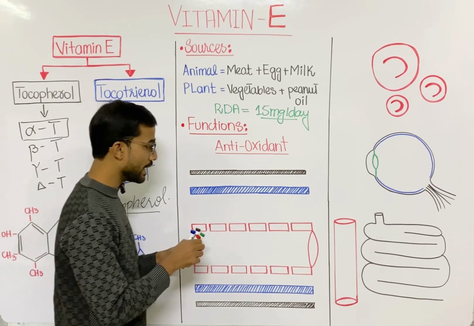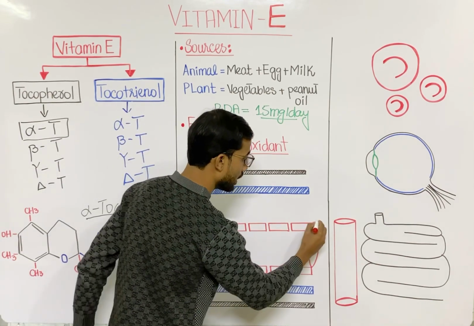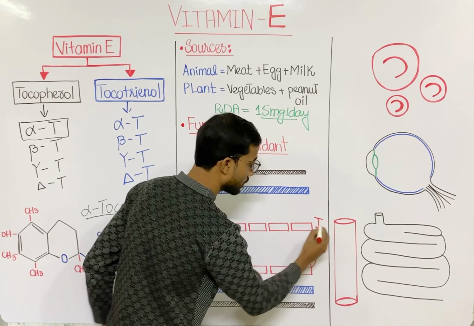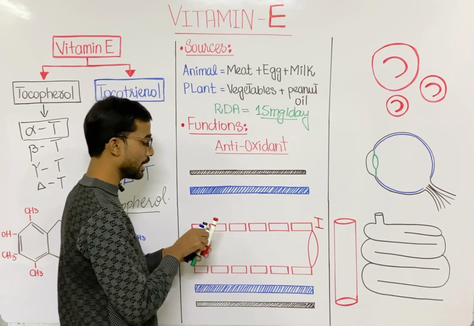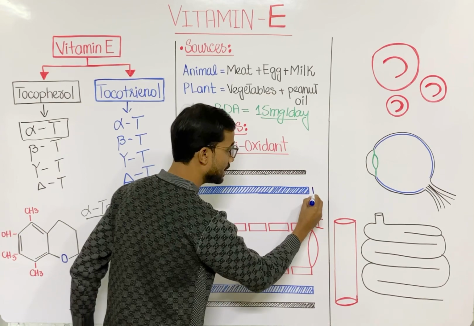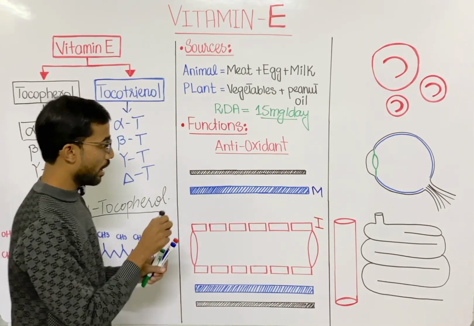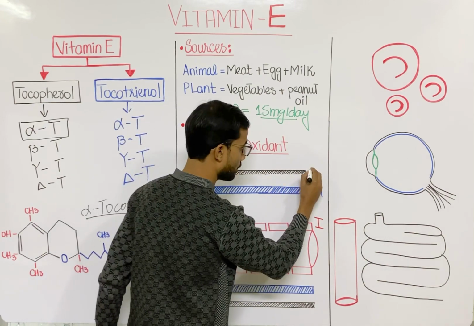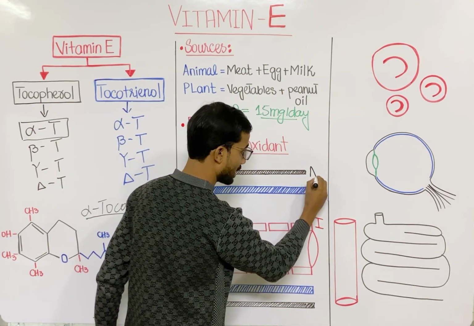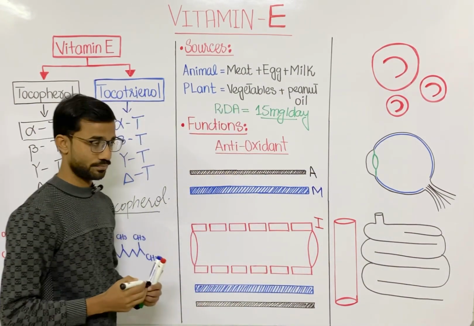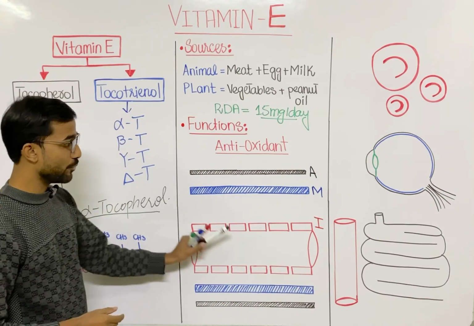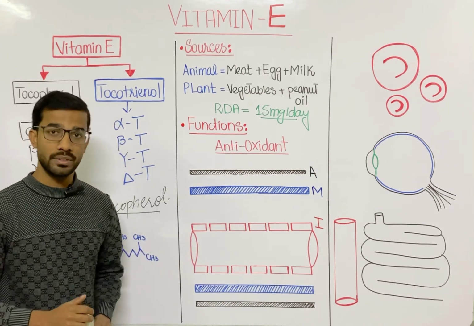The first layer is the tunica intima, the second is the tunica media, the muscular layer, and the external is the tunica adventitia.